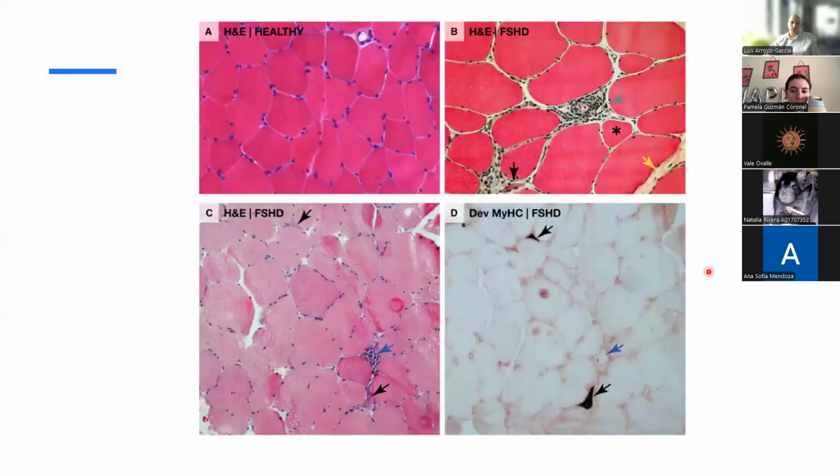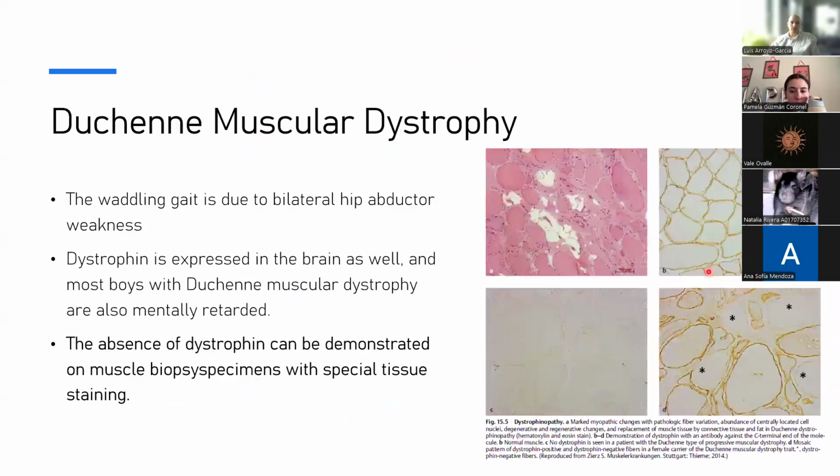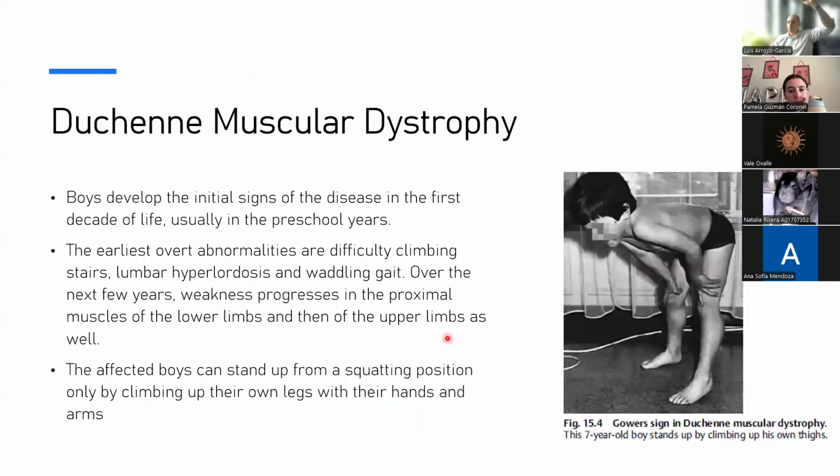But for example, here I'm going to show you how the muscle looks in all of them. This is a staining of the muscle. The Duchenne, in the early stage in boys, they have difficulty climbing stairs, and it affects the proximal muscles.